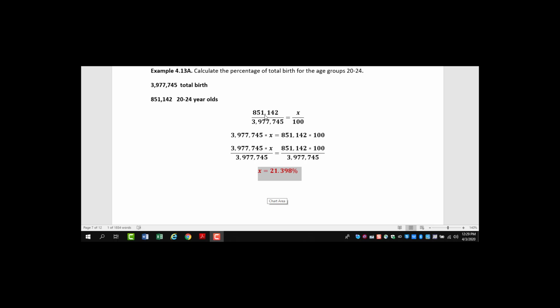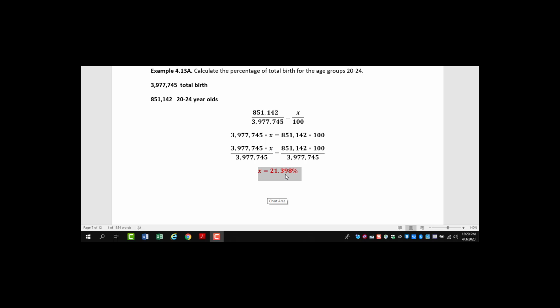So there's the worked out answer. There's the one ratio, and we're trying to find what this ratio is equal to in parts per 100. Cross multiply, and then divide by the x, because 3 million over 3 million is 1, so it cancels.